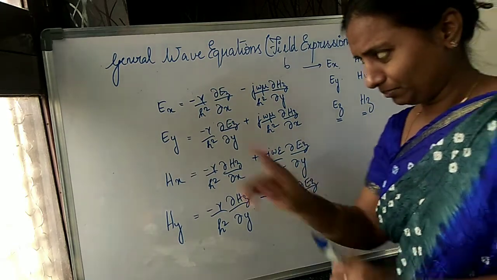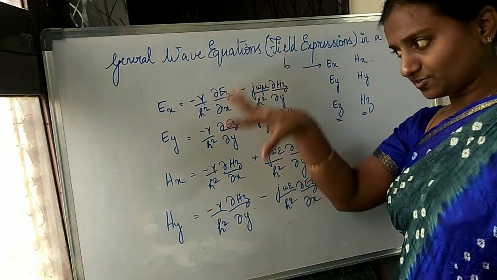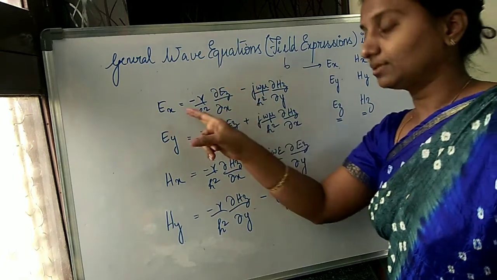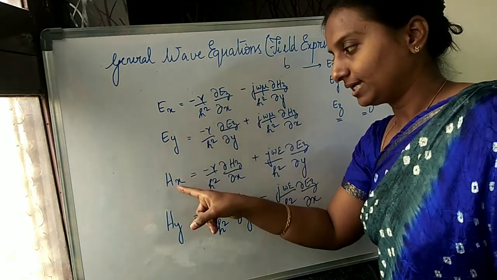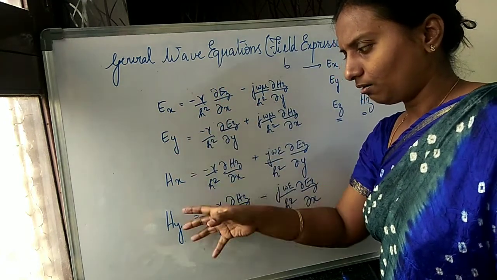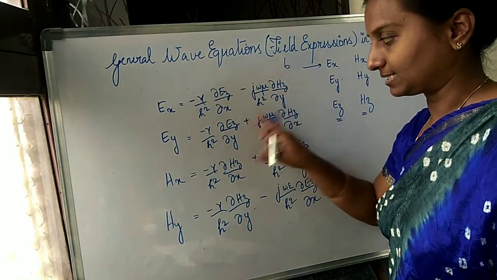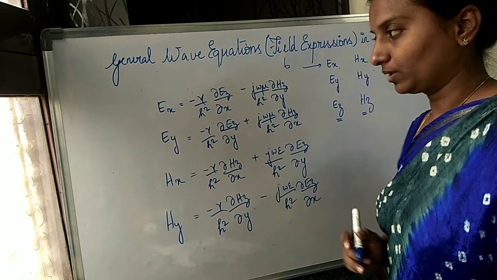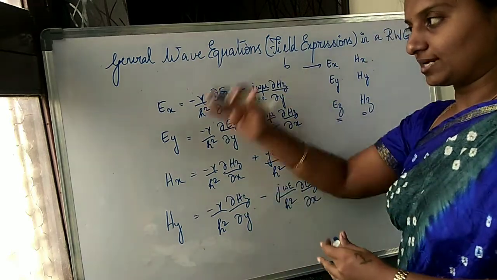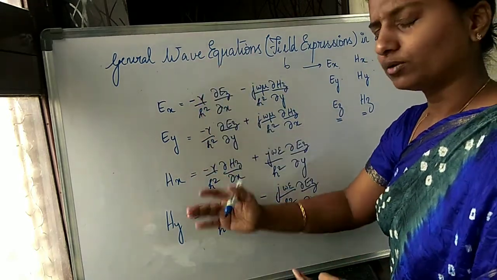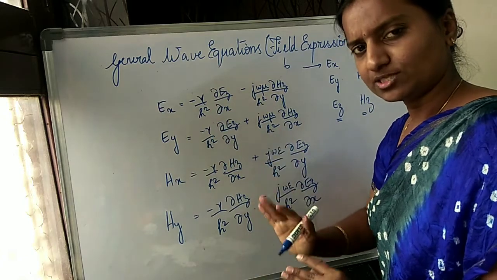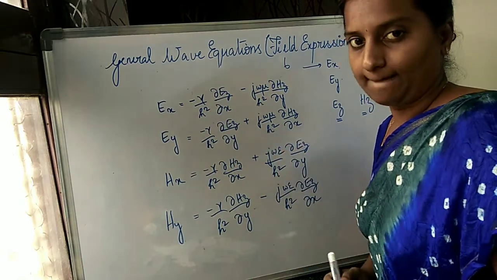So I hope you remember. We have covered 6 field expressions here. If you see, Ex, Ey, Hx, Hy all have expressions in terms of Ez and Hz. These are the general wave equations for any electromagnetic modes.